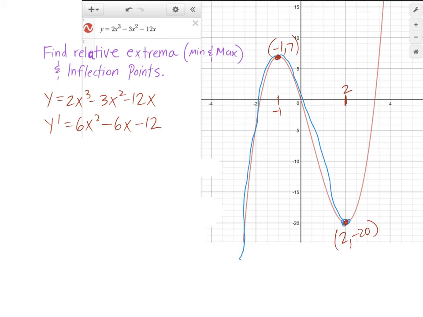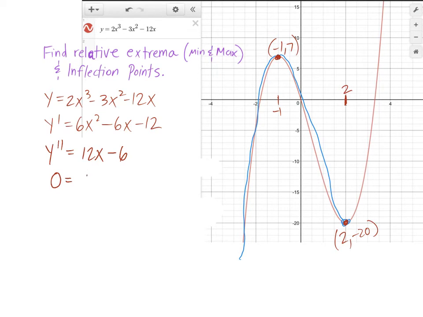So I'm going to back up to where I had my first derivative. I'm going to take my second derivative, y double prime. The derivative of 6x squared is 12x. The derivative of -6x is -6. And the derivative of -12 is 0. Just like I did with the first derivative, I'm going to set it equal to 0 to look for the changes.